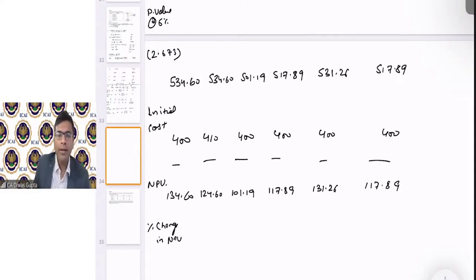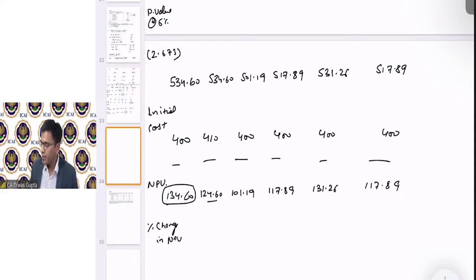So how will we calculate? We will compare everything with the base case. So 124.60 minus 134.60 will give us the change.